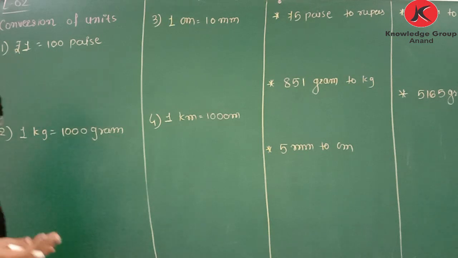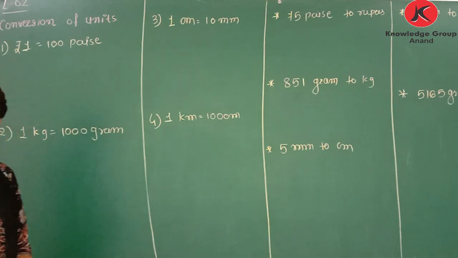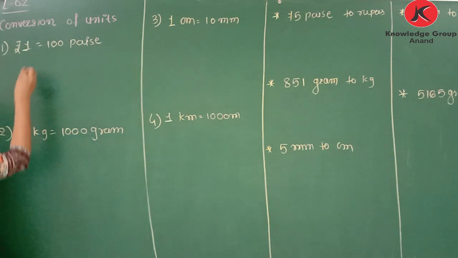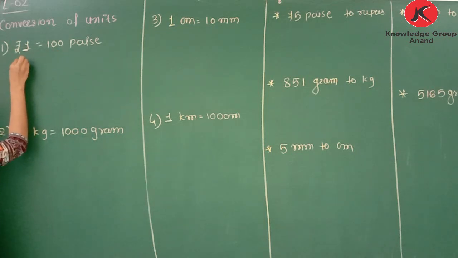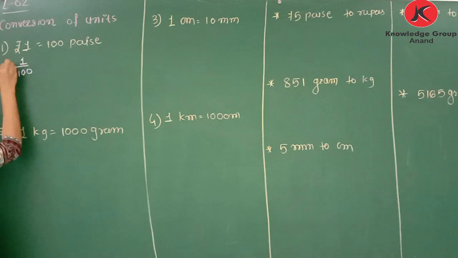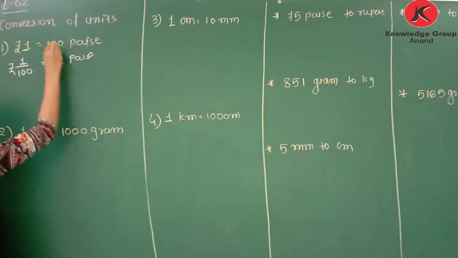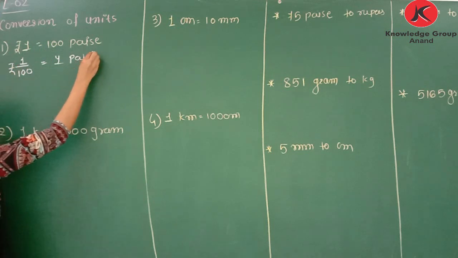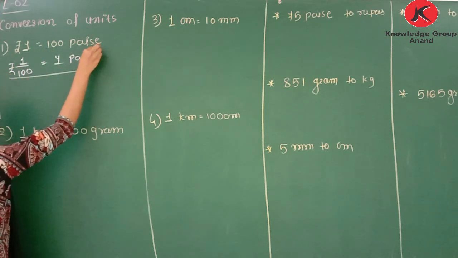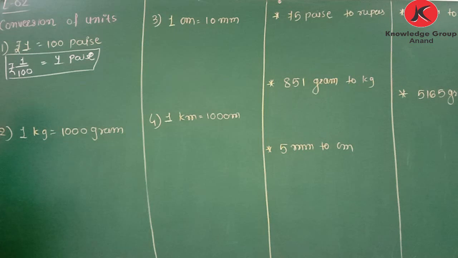But if the conversion of paisa into rupees is given, what can you do? 1 paisa is equal to 1 by 100 rupees. Means 1 paisa is equal to 1 by 100 rupees. Clear?